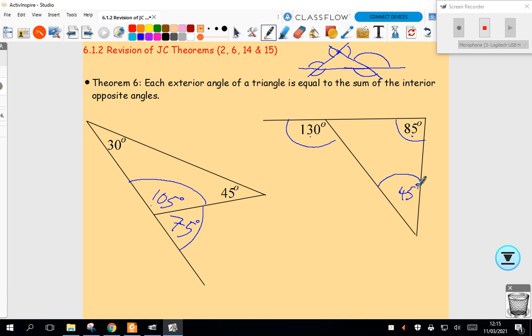So I can fill in my 45 degrees there because together 85 and 45 make 130, and each exterior angle is equal to the sum of the interior opposite angles. Notice these two form a linear pair, so that has to be 50. Notice 50 added to 85, 135 added to 45, 180.